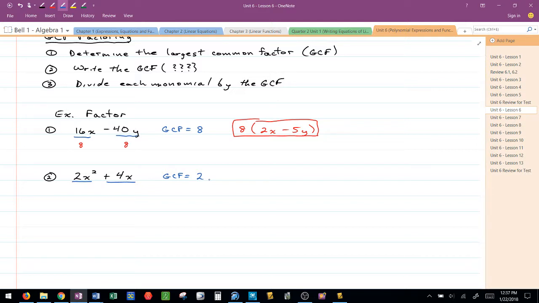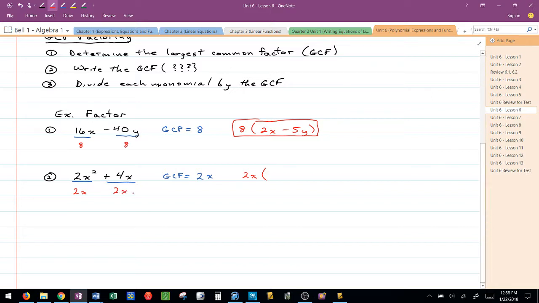When you're dealing with common variables, like they both have an x, the GCF simply becomes the smallest degree. Because x to the first is the smallest degree, that's going to be my GCF. I then write down the GCF times, and I divide each term by that GCF.